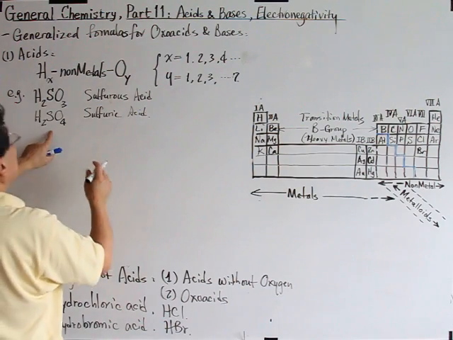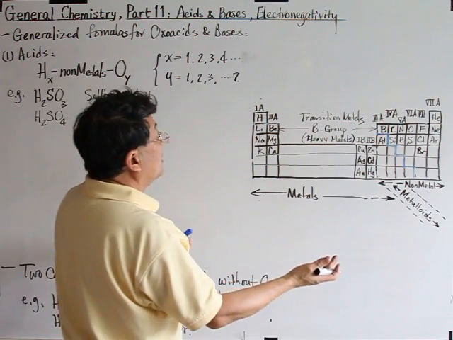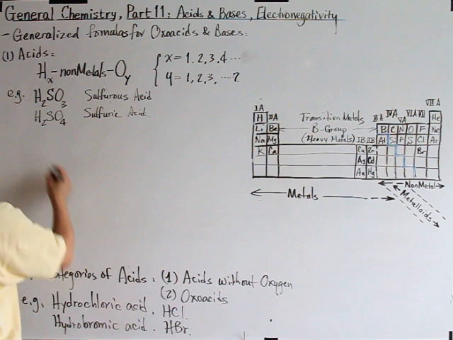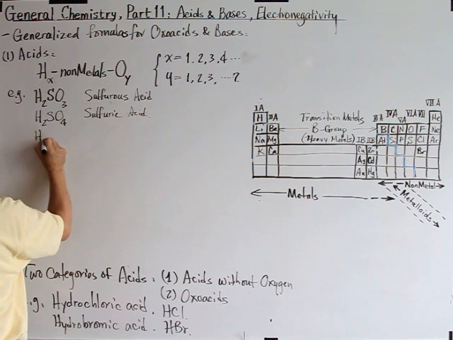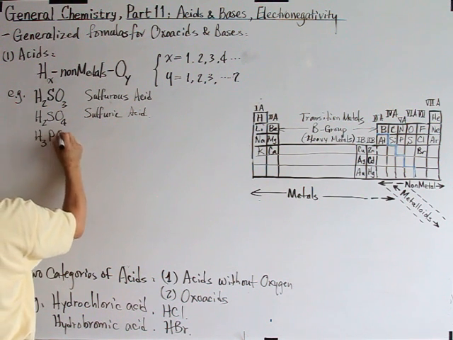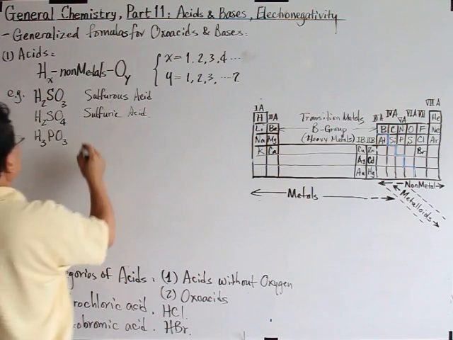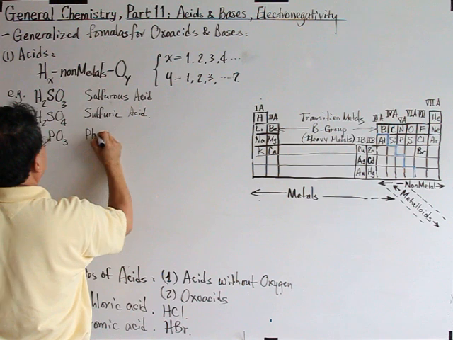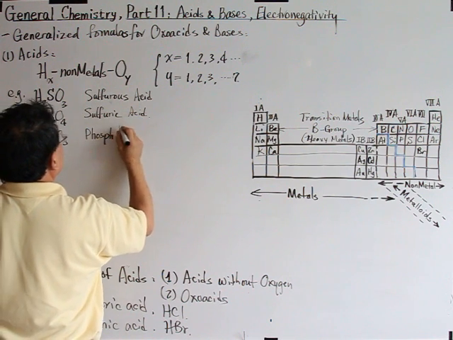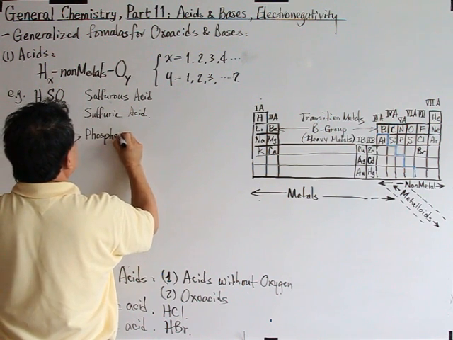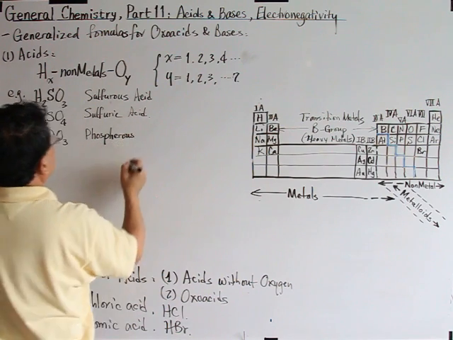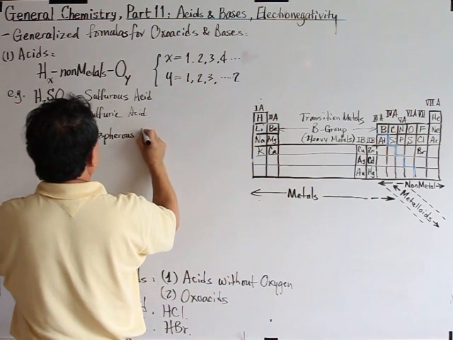Then we can have a sulfur replaced by the phosphorus. So we have H3PO3. It's phosphorous acid.